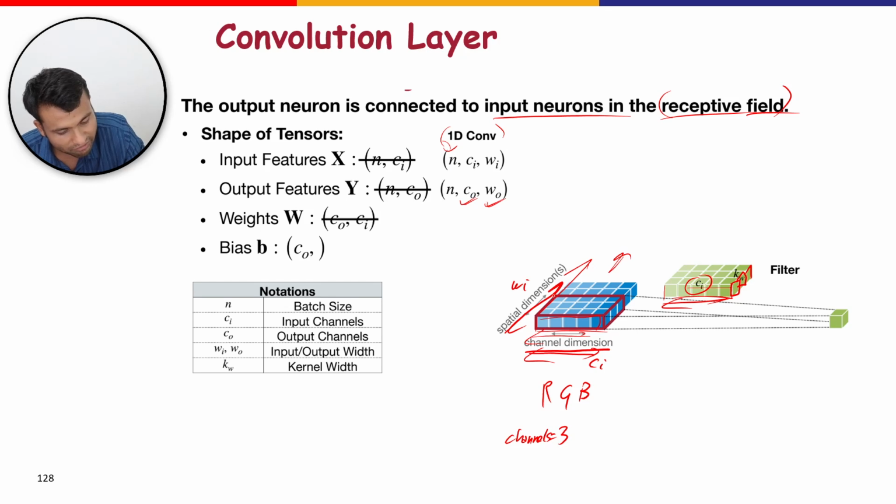If I place the filter on top of this and do a convolution operation, it simply means I multiply this element by this element, added with this element multiplied by this element, and so on. It's an element-by-element multiplication and accumulation, and together this gives me a single value in the output.